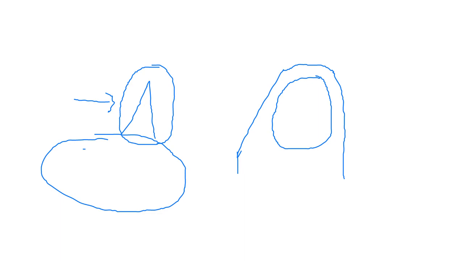Think of it like your thumbnail or fingernail. Your thumb or your finger is the process, your nail is the facet. It's a smooth, flat area on the process, and it's smooth and flat because it's going to make a joint. It's going to articulate with another bone.